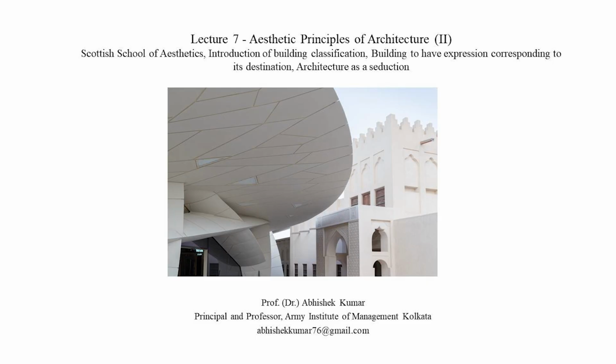We will reserve that for later, but that conversation is something that is very interesting, and I would like you to pay particular attention to that conversation. But first, let us see what is Scottish School of Aesthetics.